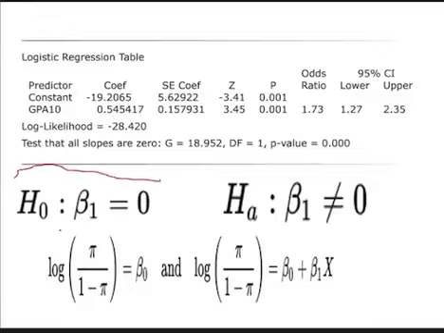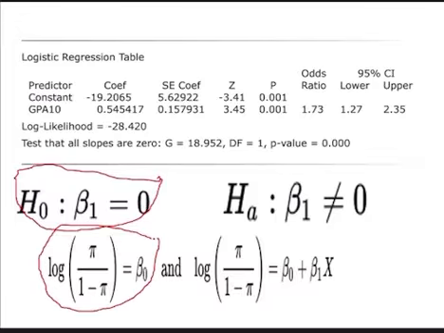Now, what is the implication when you fail to reject H0, when the odds ratio is not statistically significant? It's not significantly different from 1. Then you're saying the log of odds does not depend on the predictor. You're saying your log of odds is just the intercept.